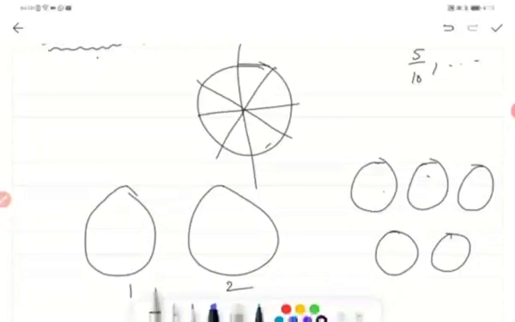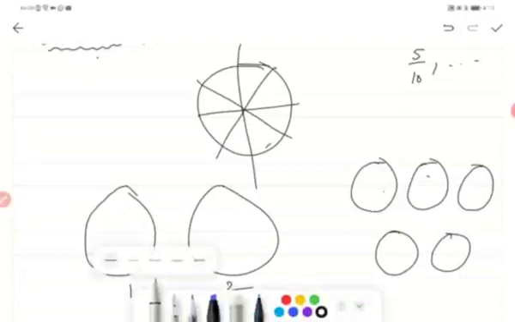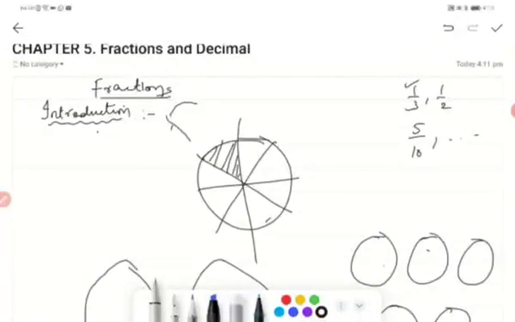How do you represent one part of pizza in numbers? Yes, in terms of fractions. In the denominator you will have the number of parts the whole is divided into. My whole pizza is divided into 8 parts, and out of those 8 parts I ate one part. So this one part which I ate is represented as the fraction 1 by 8.